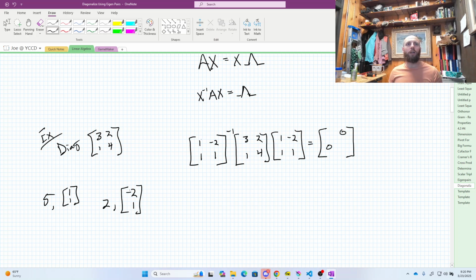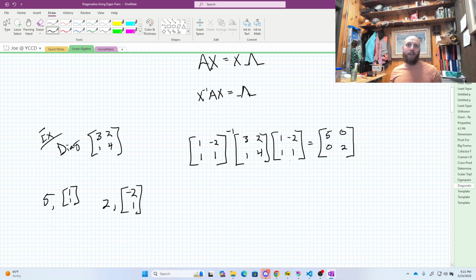You just have to be sure that this vector here gets its associated eigenvalue in the right spot. Because the first column was 1, 1, and its associated eigenvalue is 5, the 5 has to go first. Then in this second slot, I can fit that too. So that's it. That's all there is.